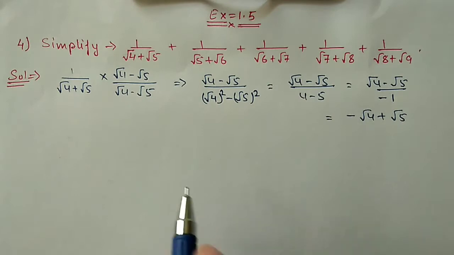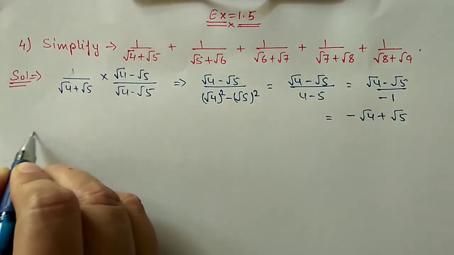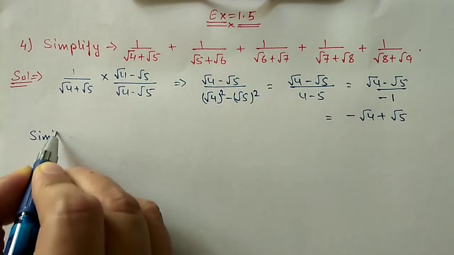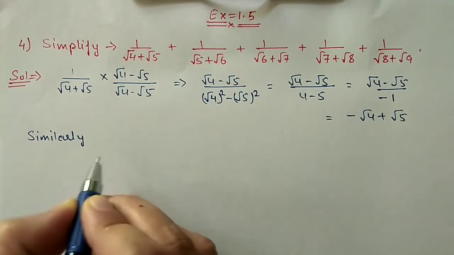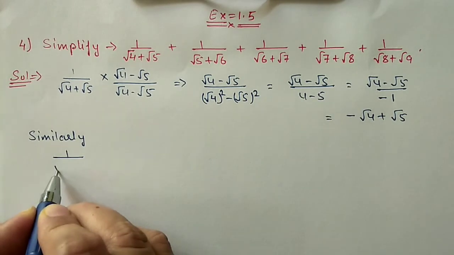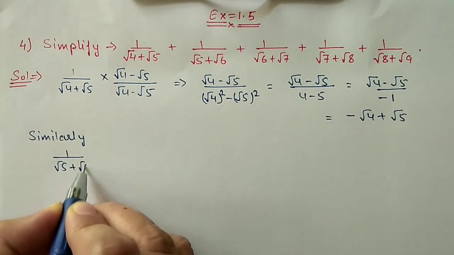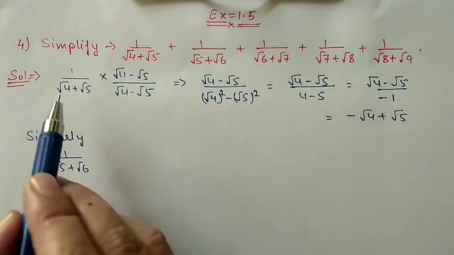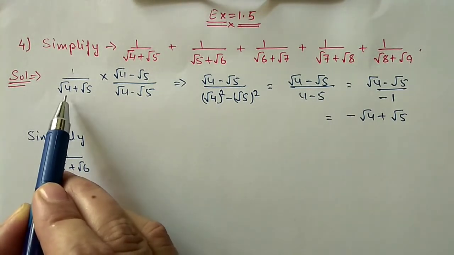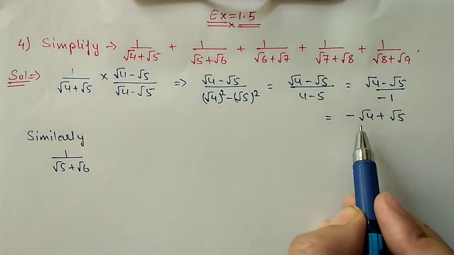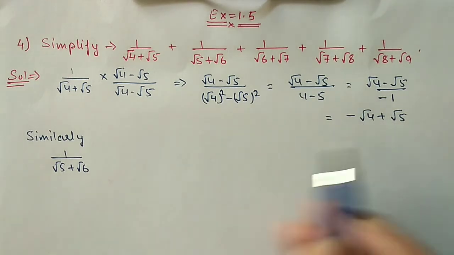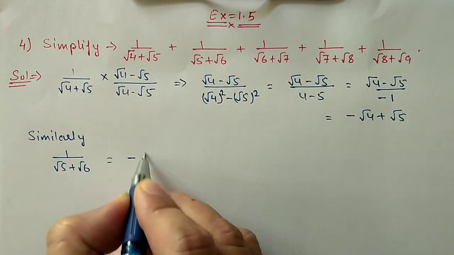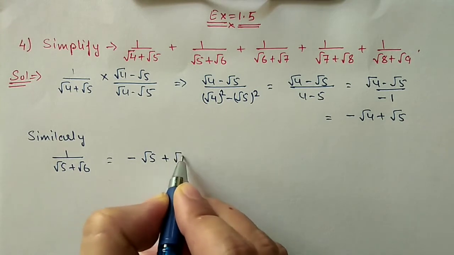Similarly, the remaining ones also we have to rationalize. This second one, 1 by root 5 plus root 6. Here it was 1 by root 4 plus root 5 and we got minus root 4 plus root 5. So here we will get minus root 5 plus root 6.